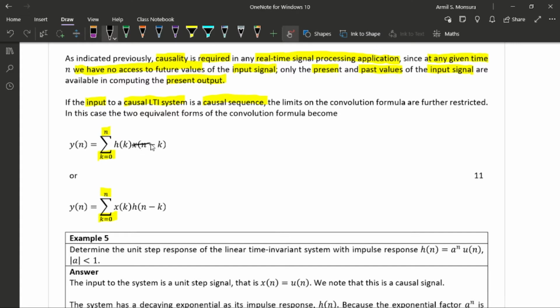I mean this one. Okay, sorry. Your input sequence would be 0 for k greater than n. Magsi-zero 'yan kasi tinime-fold mo siya, tapos shift mo siya.